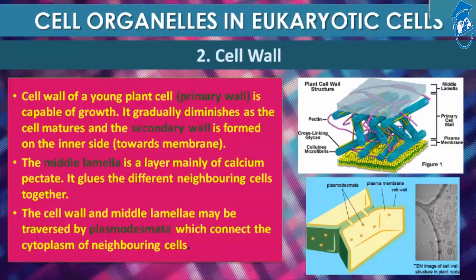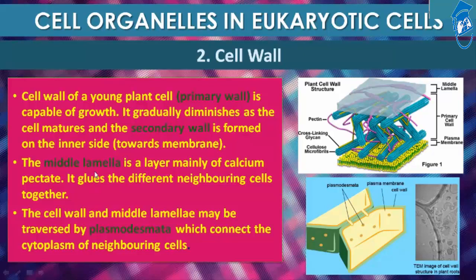This is the primary cell wall, and this is the plasma membrane, lying just adjacent to the primary cell wall. So the secondary wall is formed towards the inner side, towards the plasma membrane.